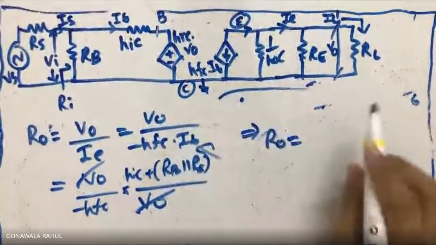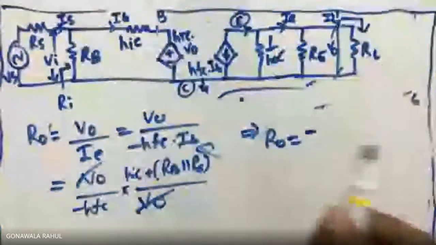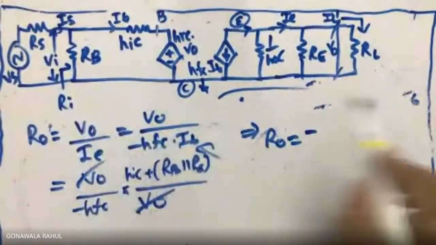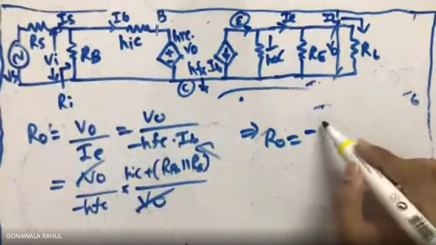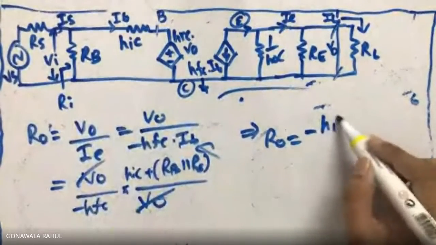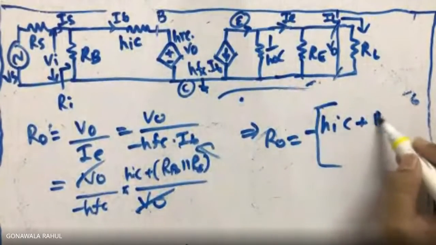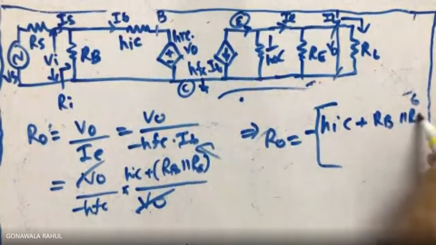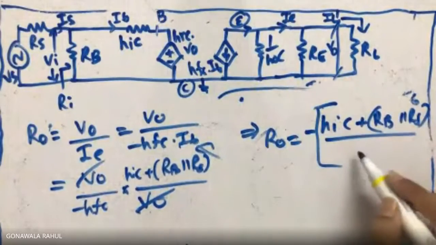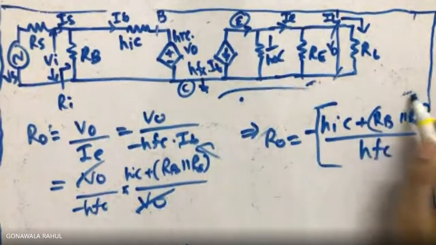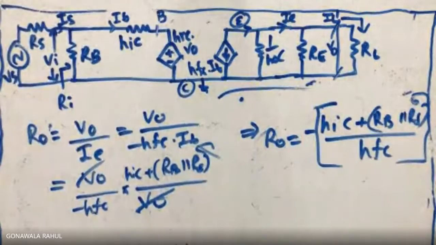So my RO will be minus. See, this minus will remain. So this is minus HIC plus RB parallel RS upon HFC. Clear?